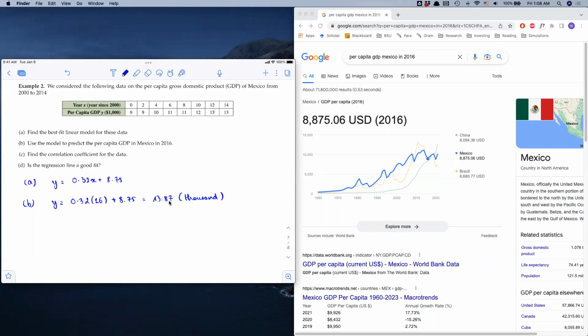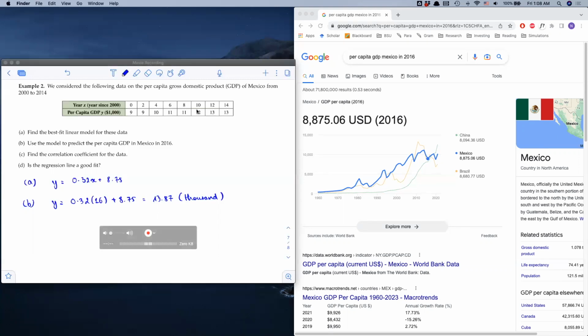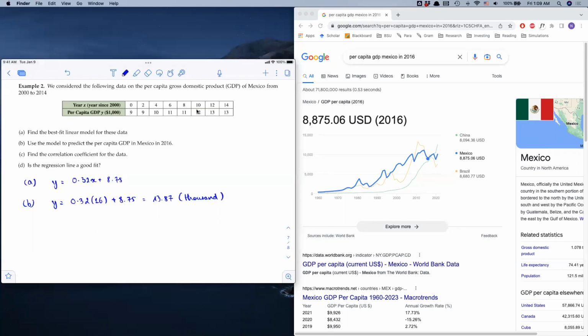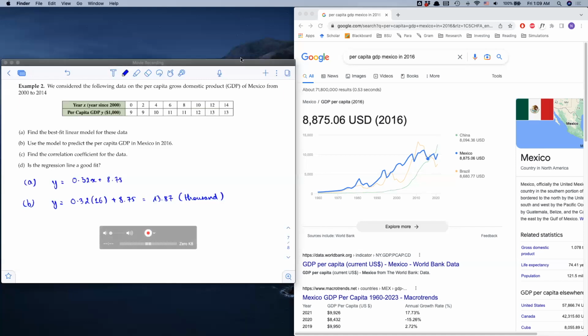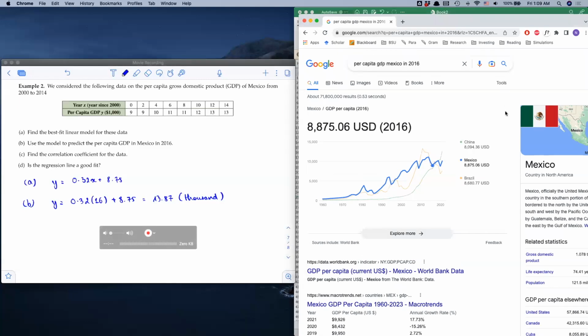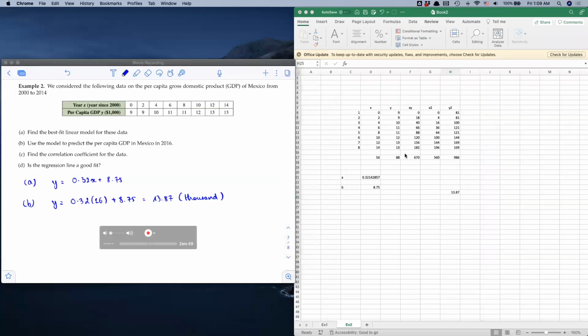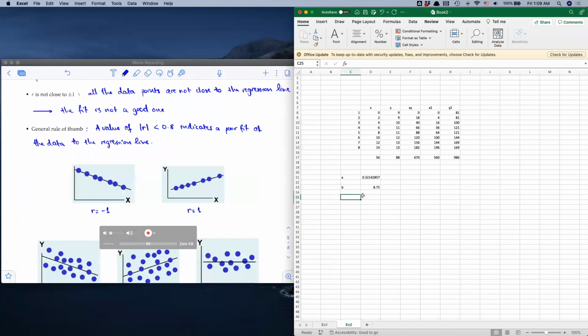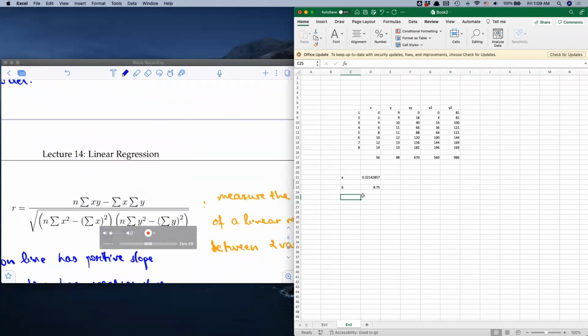All right, the next part is to find the correlation coefficient for the data and see how well the curve fits the data set that we have. Let me turn back to the Excel spreadsheet. Similar to the last example, I'm going to put in the numerator and the denominator separately.